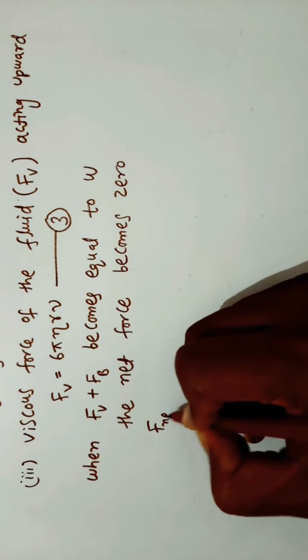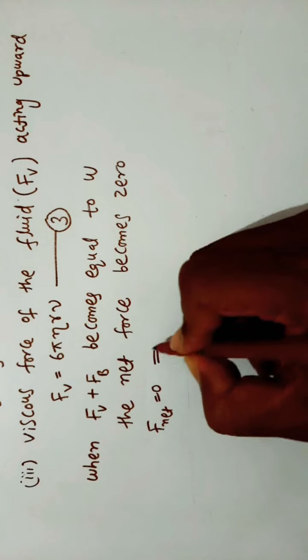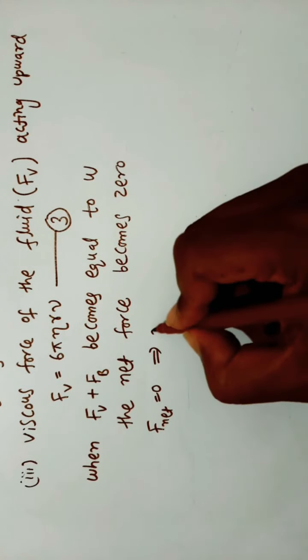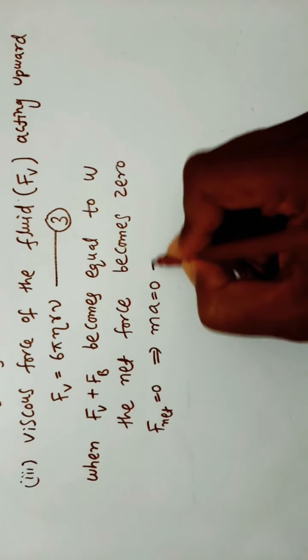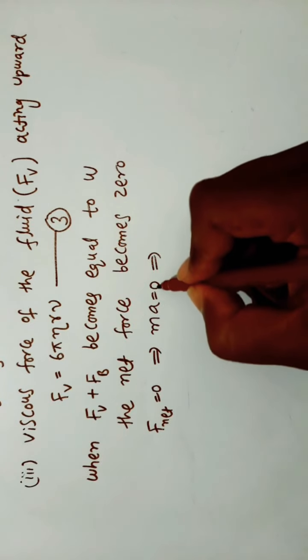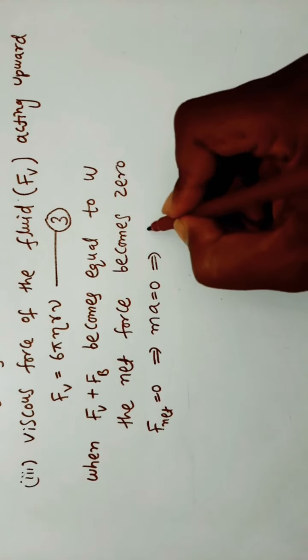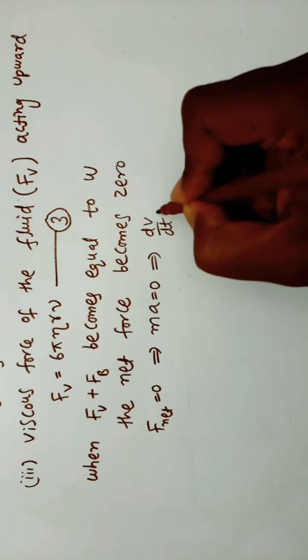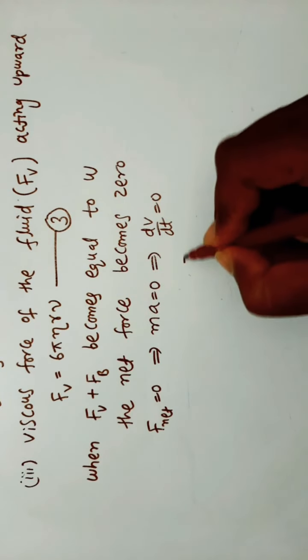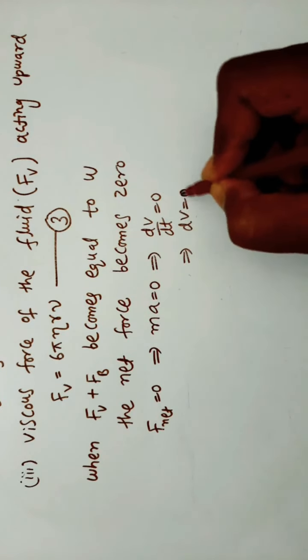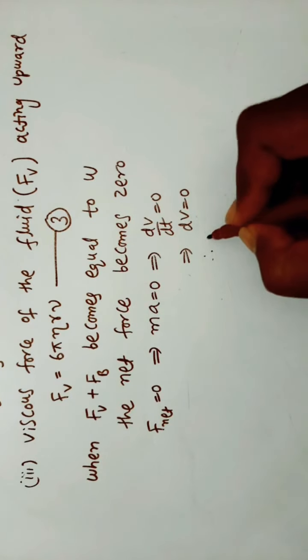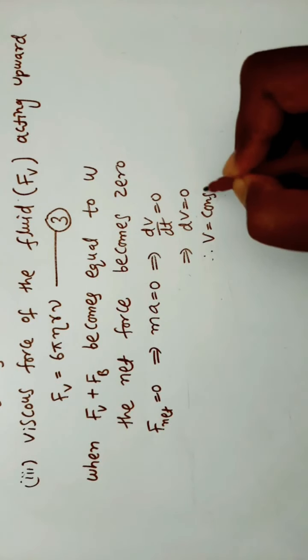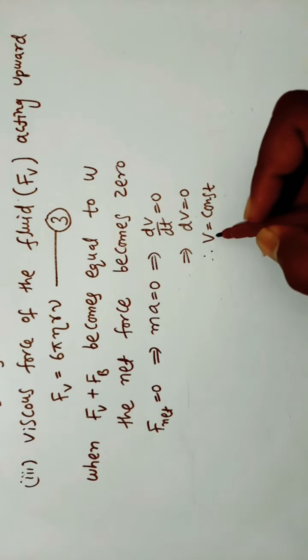Here F net is equal to 0. We know F is equal to ma, so ma is equal to 0. From this a is equal to 0. We know a is equal to dV by dt is equal to 0. From this dV is equal to 0. So here V is equal to constant. This constant velocity is known as terminal velocity.